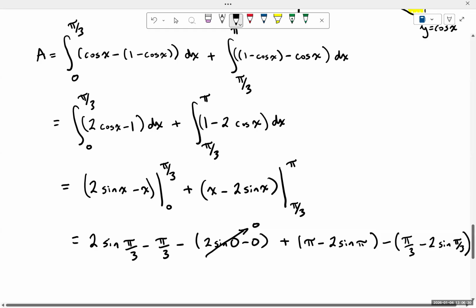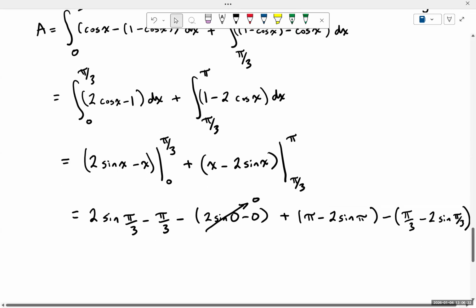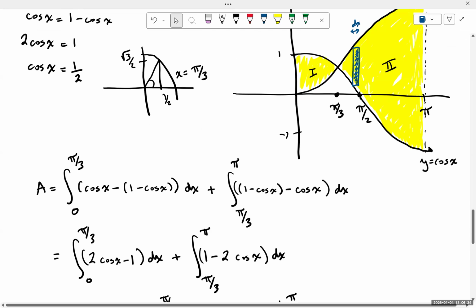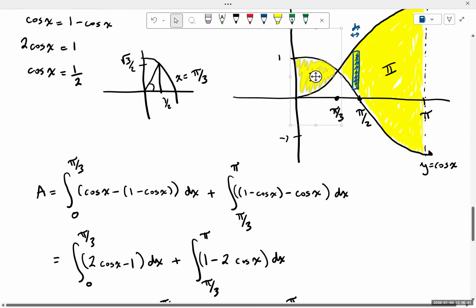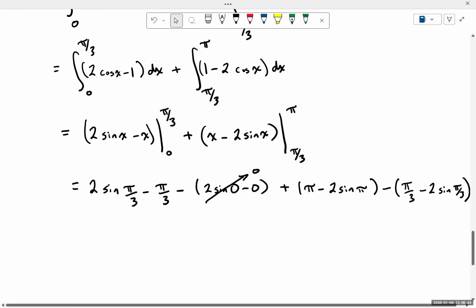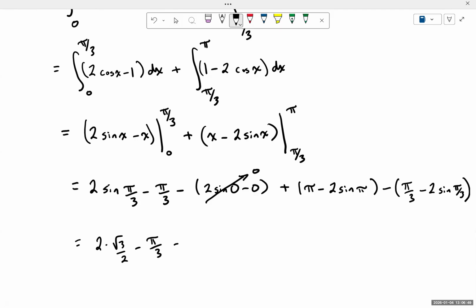Okay, so what is this? Sine pi over 3. Wait, we just did that. It was up here. I just wrote it out. It was root 3 over 2, right? Because cosine is 1/2, sine is root 3 over 2. Okay, so this is 2 times root 3 over 2, 0 plus pi, minus sine of pi is 0.